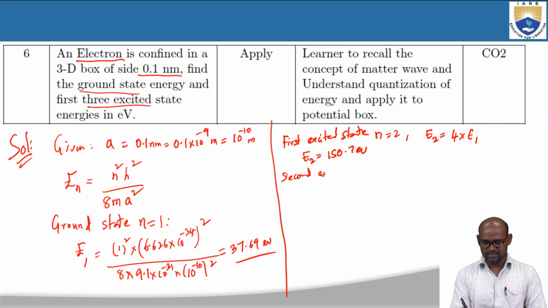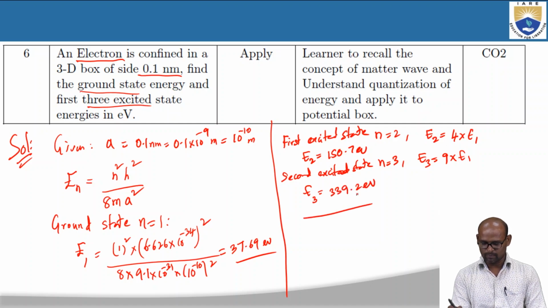Next, second excited state energy. The second excited state corresponds to n is equal to 3. So then E3 will be 9, since 3 square is 9, 9 into E1. So E3 will be 339.2 electron volts.